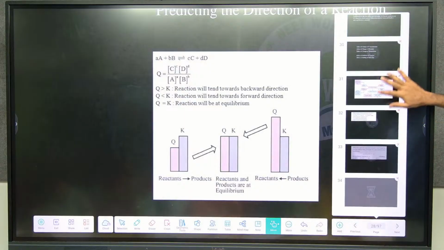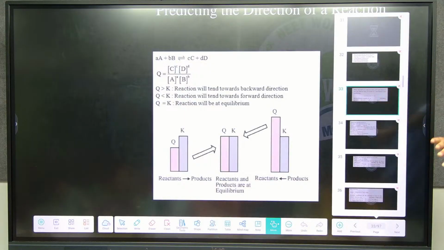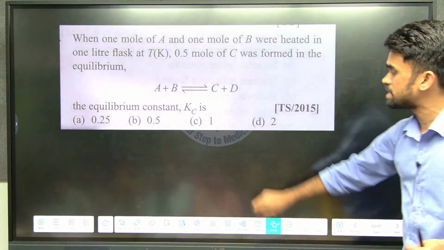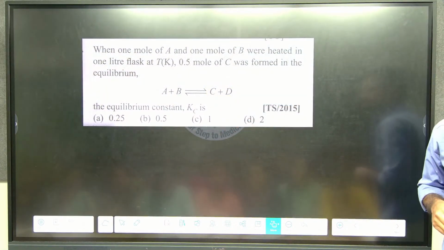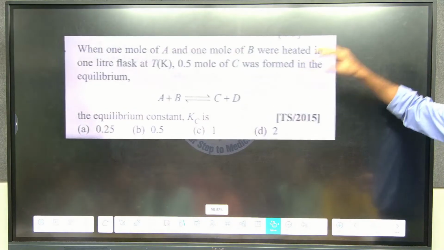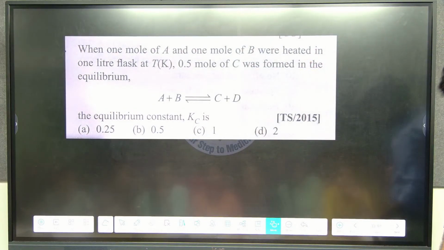Okay, next one. Before starting the discussion of Le Chatelier's principle, just try this question fast. When 1 mole of A and 1 mole of B were heated in a 1 liter flask, 0.5 moles of C is formed at equilibrium.